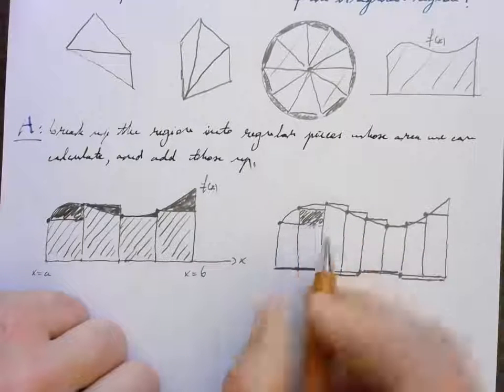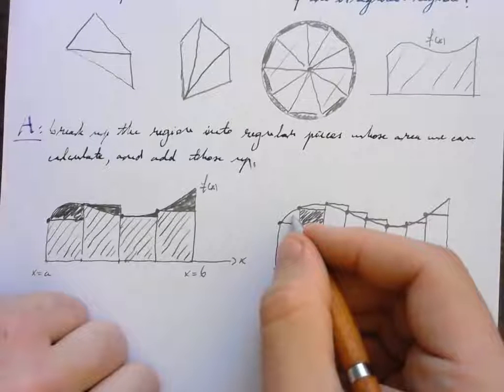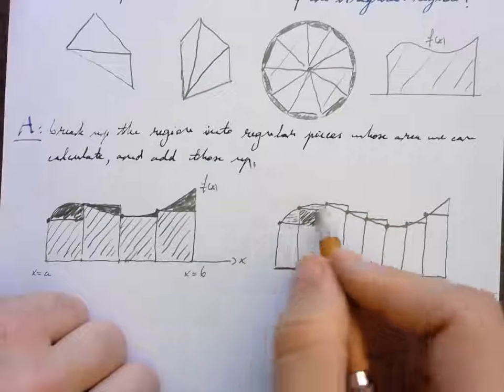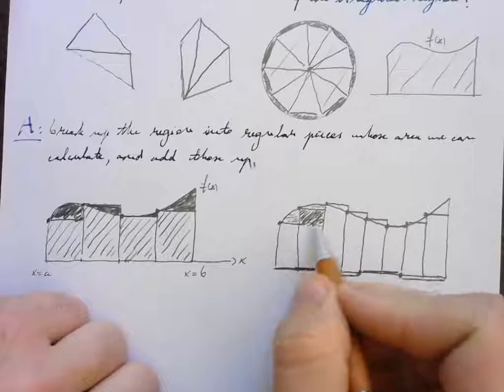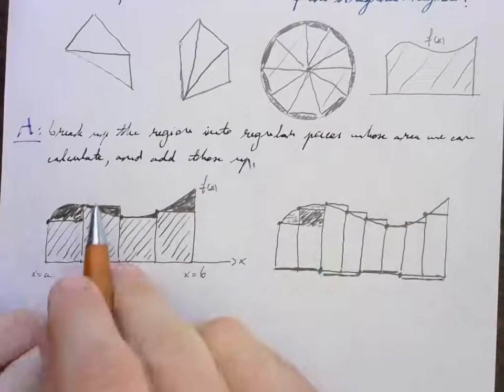Now I'm repairing the error. I get less error because instead of omitting what was here in this entire upper half, I'm omitting less area, so I'm including this piece into my calculation. The same for the second rectangle.